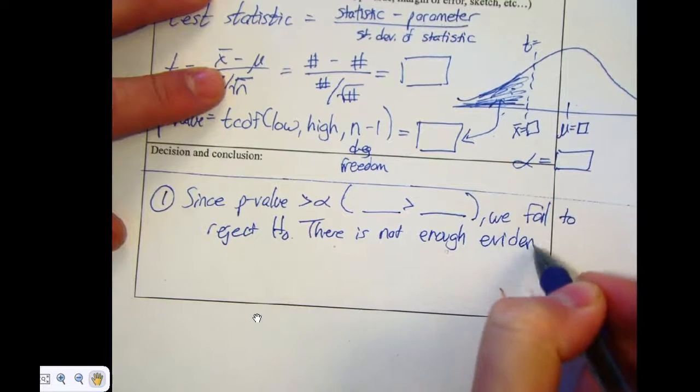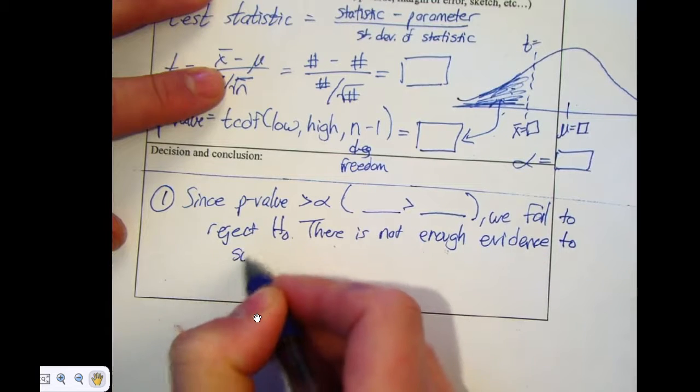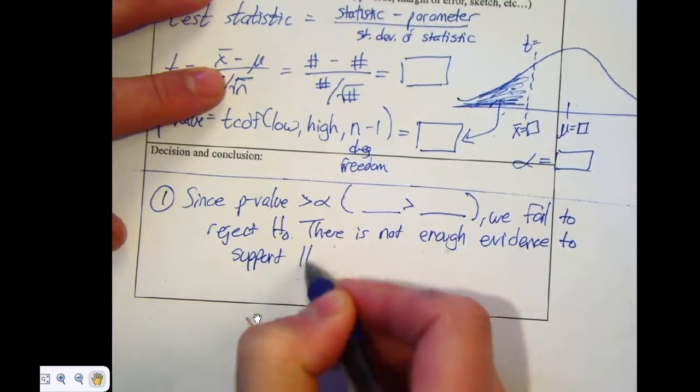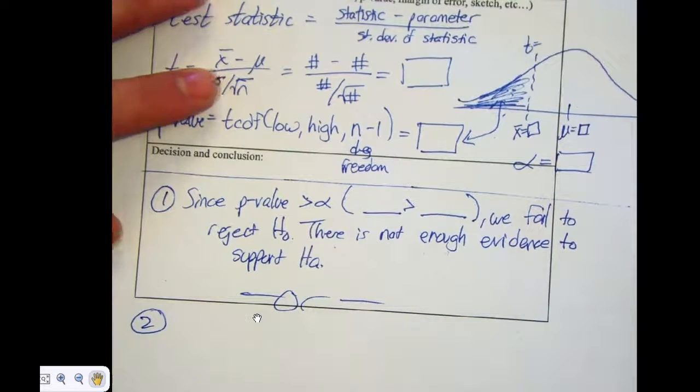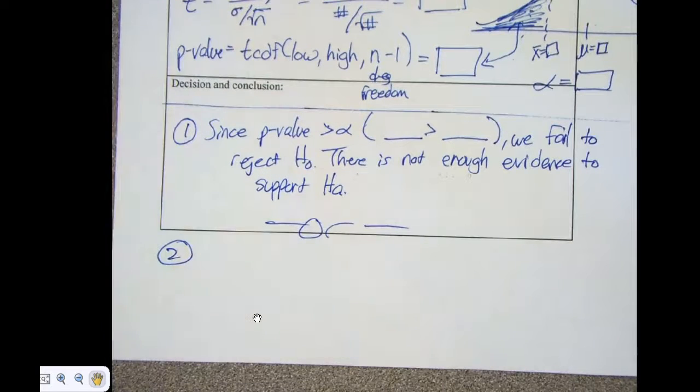There is not enough evidence to support HA. So just copy this down before you leave. Copy the second one down before you leave.